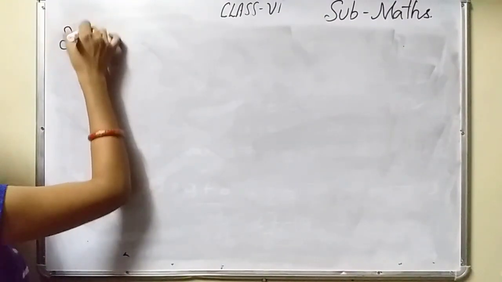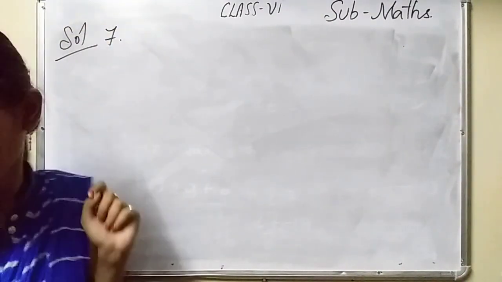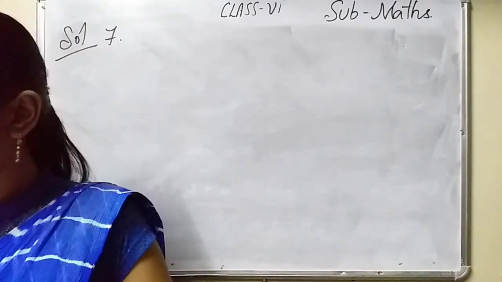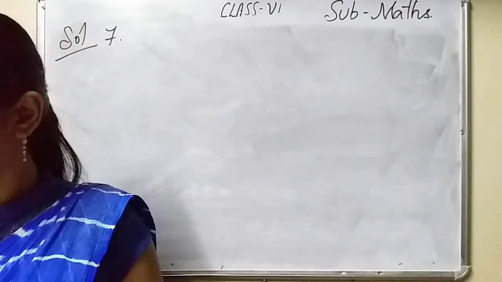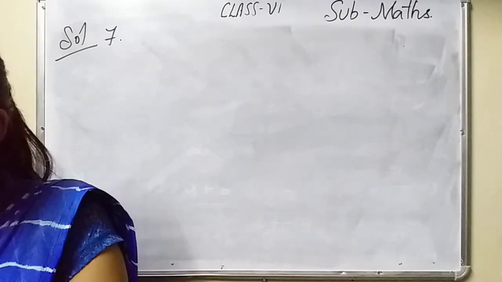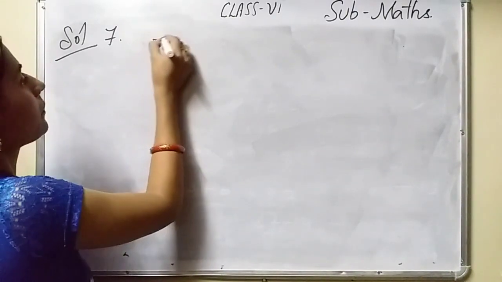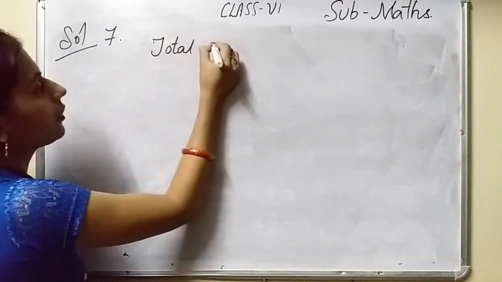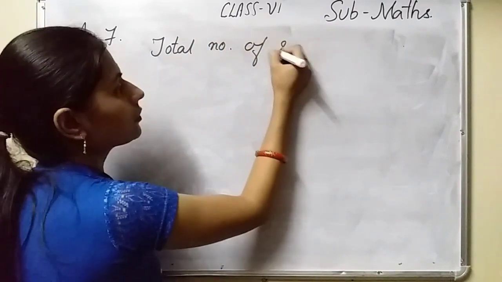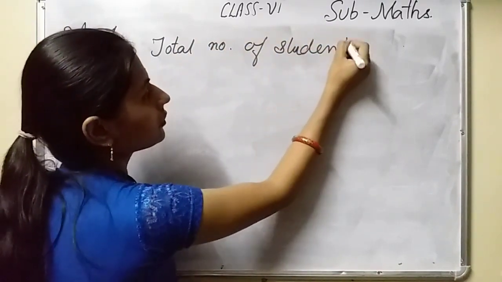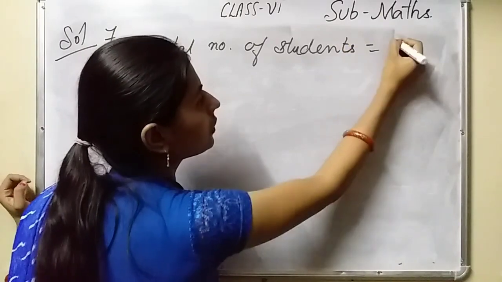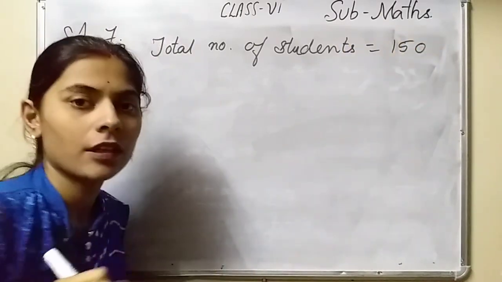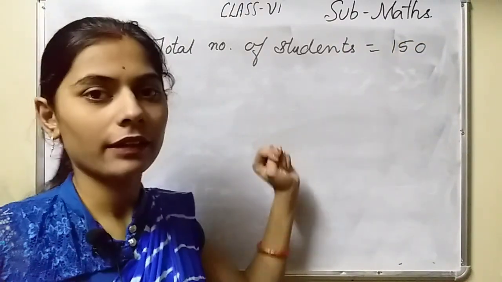See solution number 7. What is the total number of students given here? Total number of students is 150.